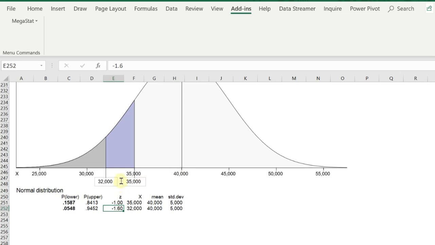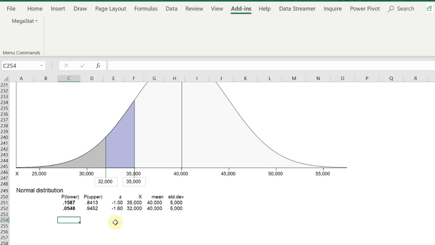And there you go. You see that? So between 32 and 35,000 is this region. So I need to subtract the two numbers, right? That's 0.1587 minus 0.0548. Okay, so again, let me go down here.